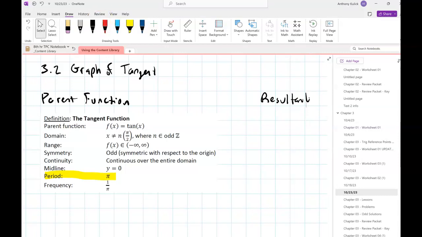So if we do the same kind of discussion about the resultant function, I don't have that in here as separate things. I guess not.